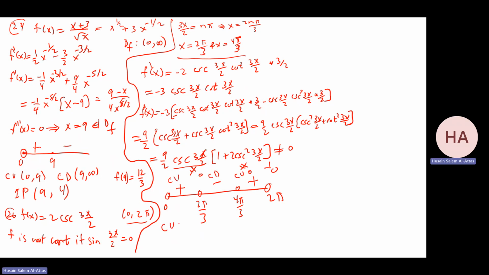So it's concave up from 0 to 2 pi over 3 and 4 pi over 3 to 2 pi. Concave down from 2 pi over 3 to 4 pi over 3. Inflection point? No inflection point. All of these are not defined, huh? The function is not defined there, so there is no inflection.